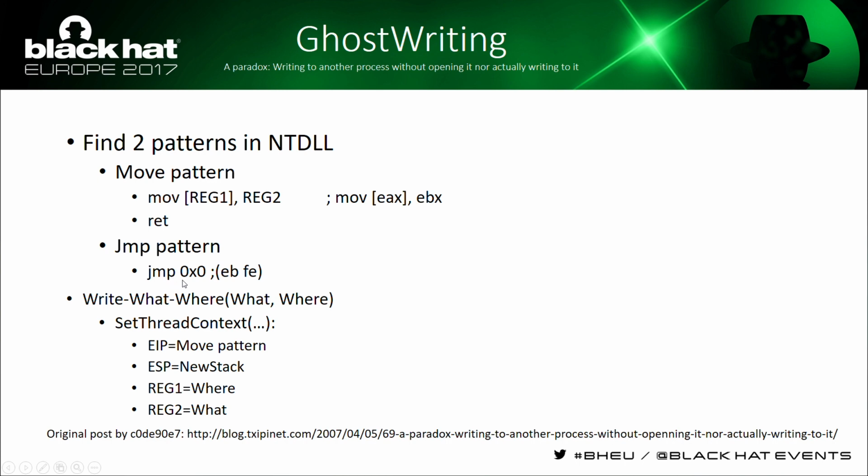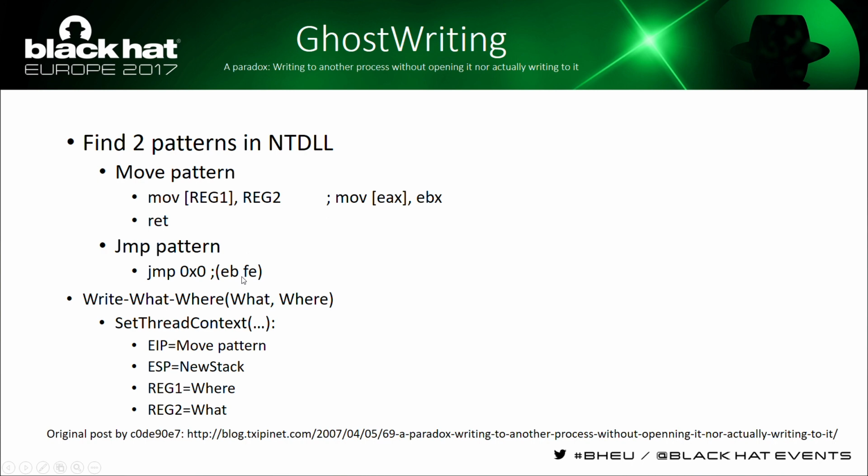But on Intel x86 architecture, instructions don't have to be aligned, and therefore we can find this instruction as part of another instruction, because it's a very short instruction. You can see the data for it, the hex breakdown of it here.